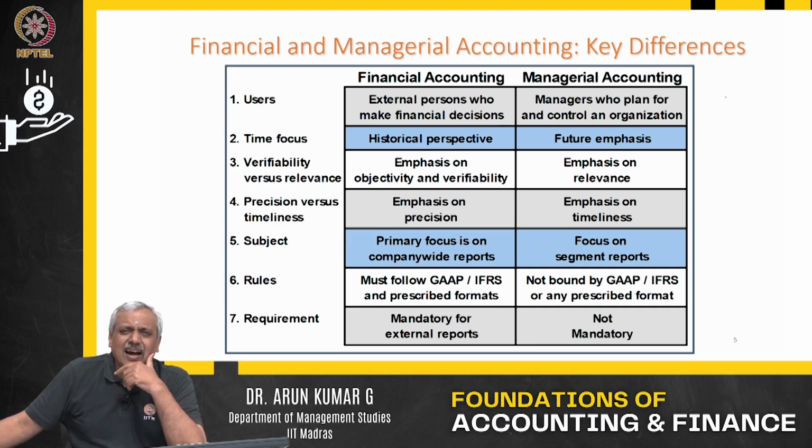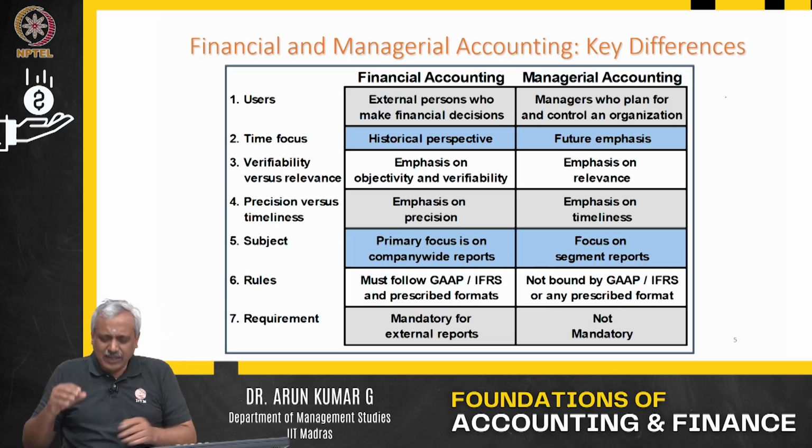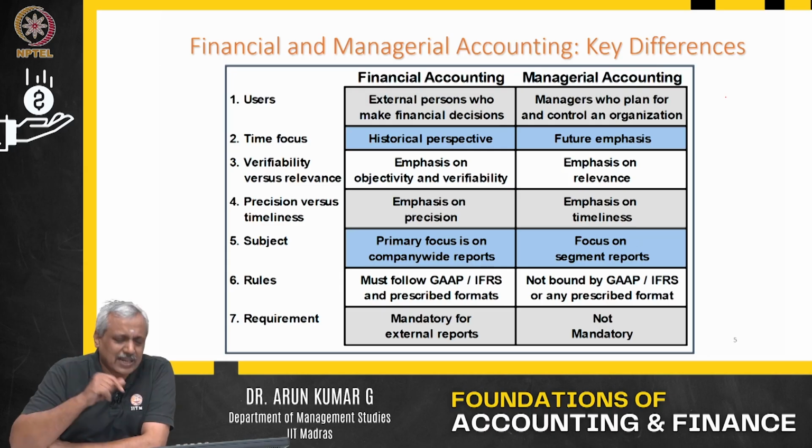Somebody will say, divide on the basis of sale value, divide on the basis of number of units, whatever it is. I will have to divide it on the basis of some relevant information, for example, for decision making. That is what we look at as relevance. I will deal more with relevance as we go along.